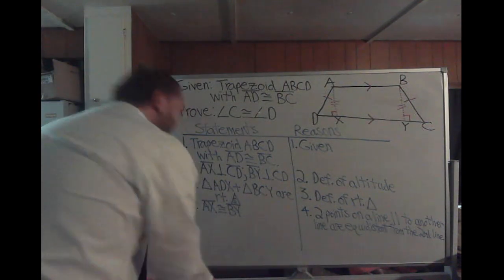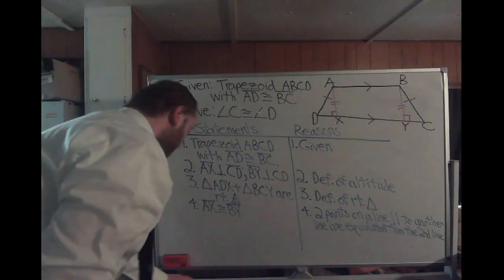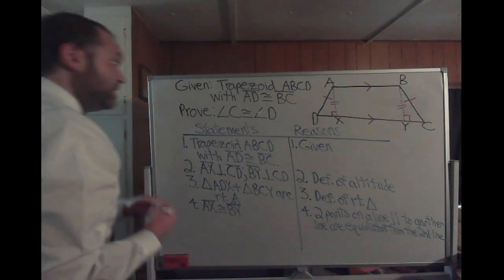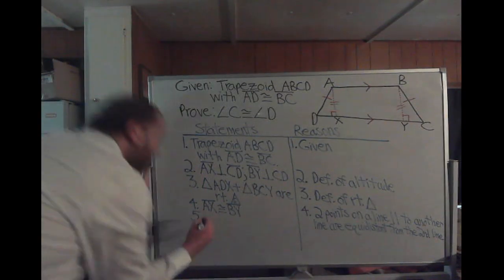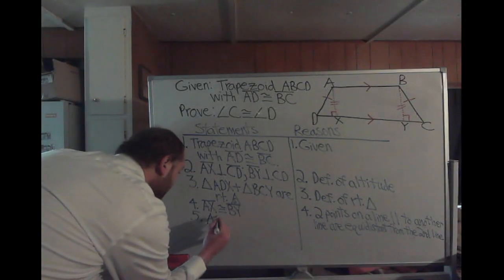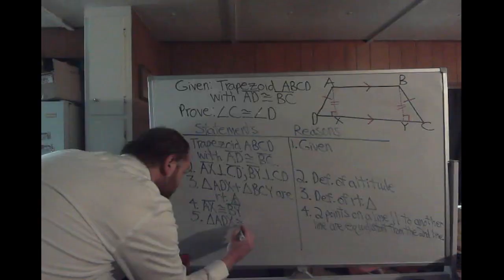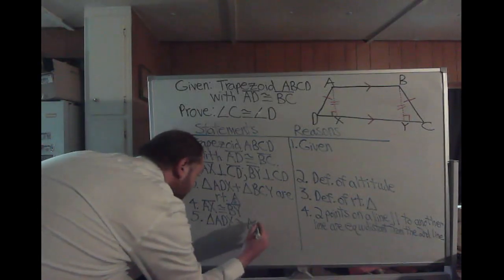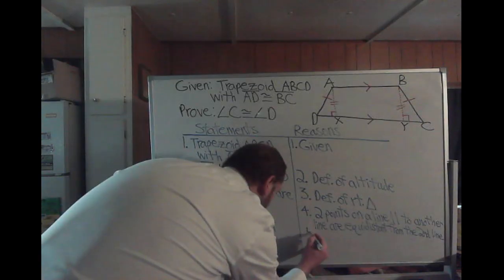Well, now we have the hypotenuse and a leg of that right triangle congruent to each other. So, by the hypotenuse leg theorem, or the HL theorem, we can say that triangle ADX is congruent to triangle BCY.